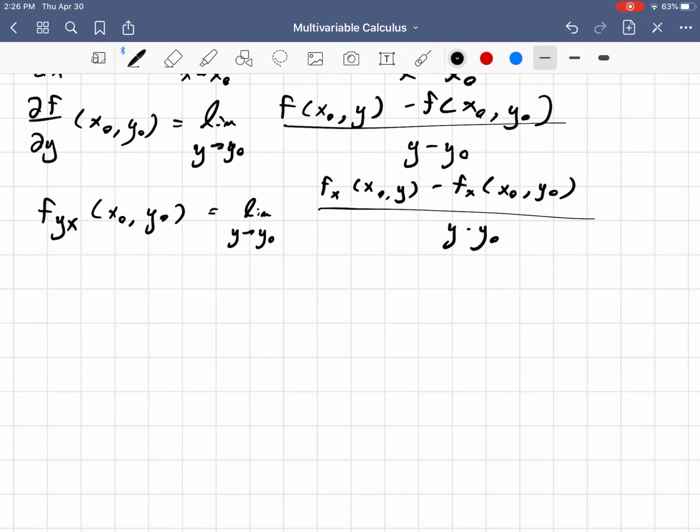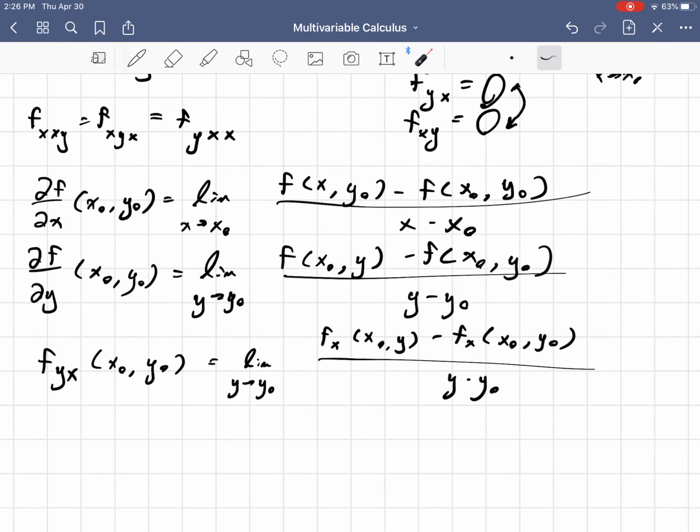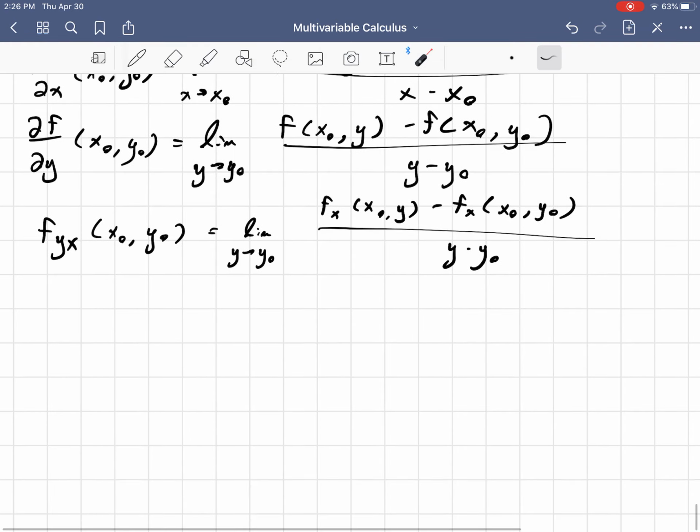So what I did there was, I already had the partial of f with respect to x. That's why I included this part right here. But then in this definition of the partial of f with respect to y, instead of f of x naught comma y, I'm plugging in the partial derivative of f with respect to x at the same point, x naught comma y, because I've already differentiated partially with respect to x.